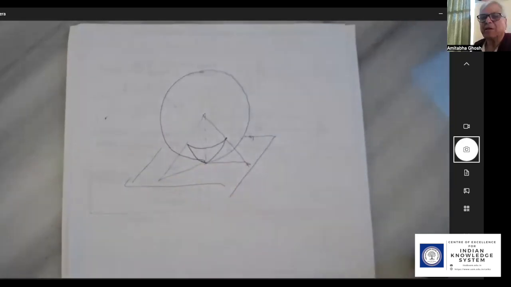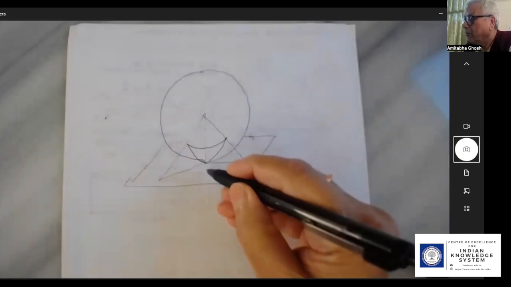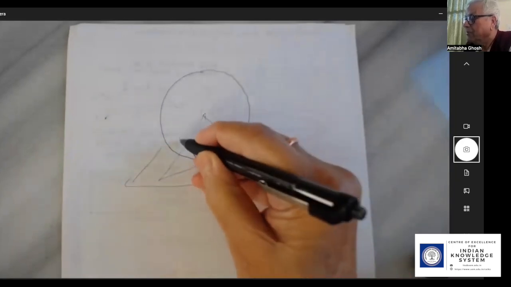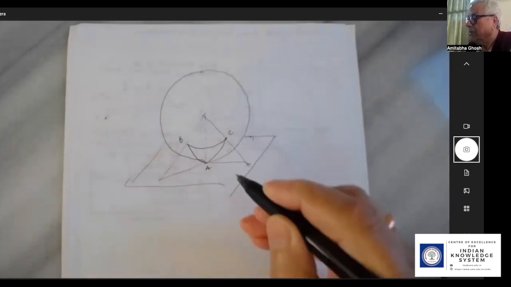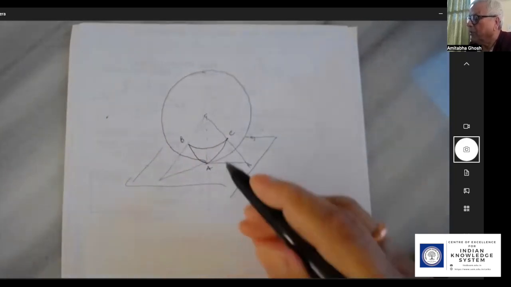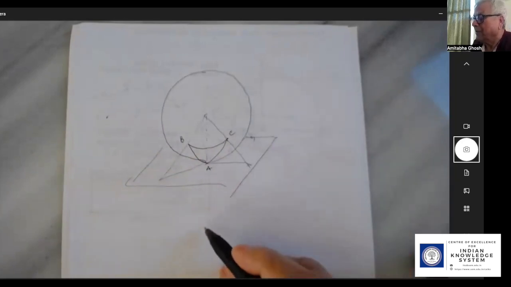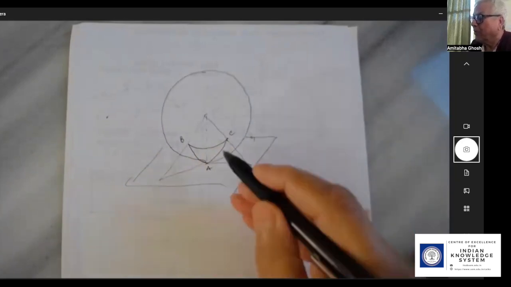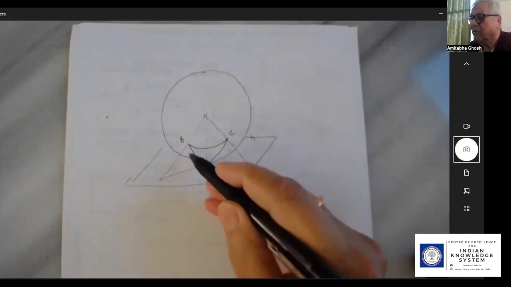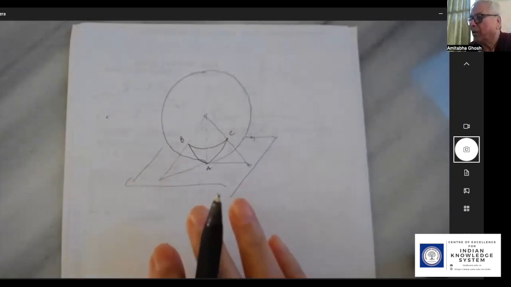Remember, this was the diagram we used. Call this A, this B, this C. You can always consider any point as the touching point, so this is actually a perfectly general case, though we used it for the derivation.